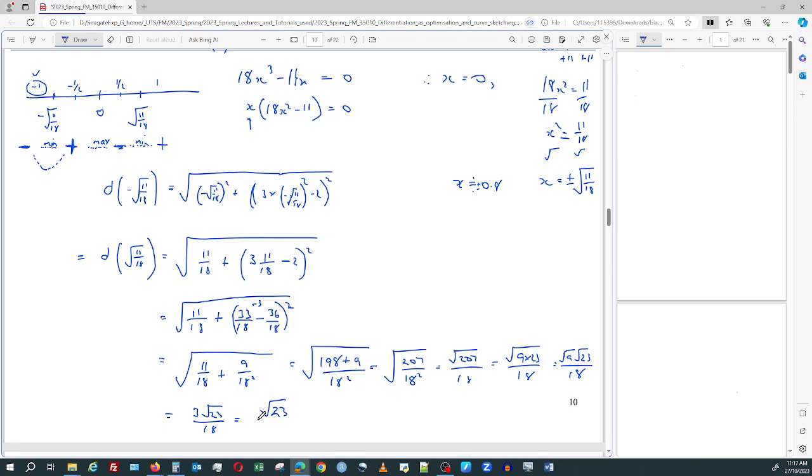So this would be root 23 on 6. So that's your exact value answer, and that approximates to 0.8. But it asked us for a direct answer. All right. So that's our distance. So its minimized distance is 0.8.